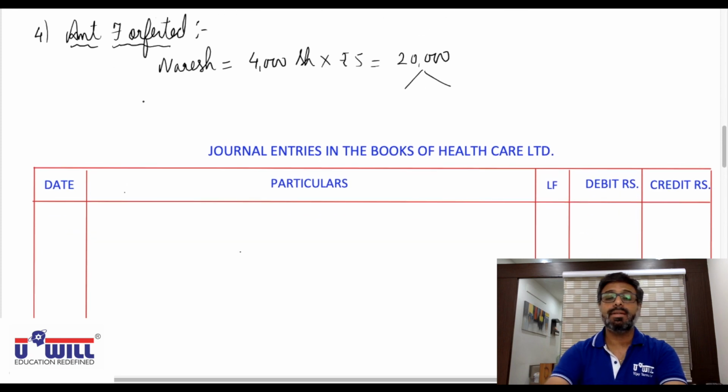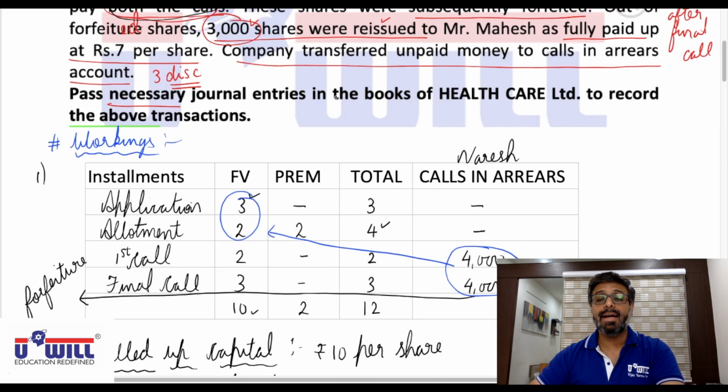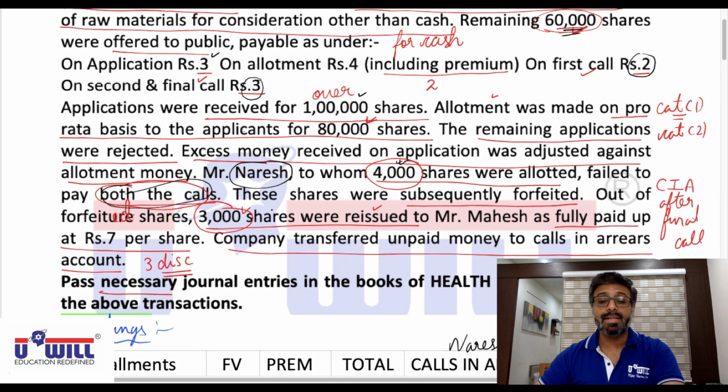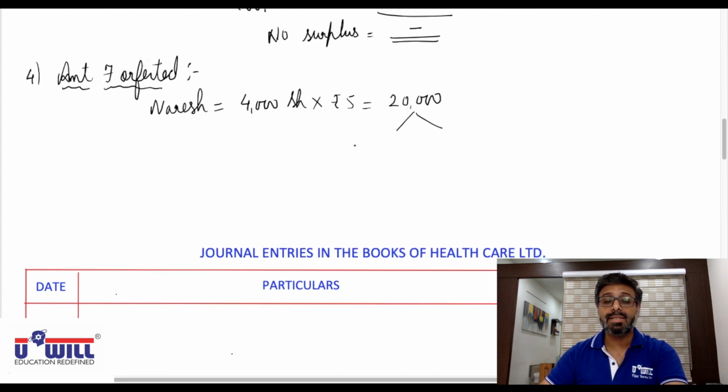Now this 20,000 you will divide in two parts. Which two parts? Reissued and non-reissued. It is given in the last paragraph of the question that 3,000 shares are reissued to Mr. Mahesh. So you'll divide this in two parts: out of 4,000, 3,000 shares which are reissued and 1,000 shares which are non-reissued.